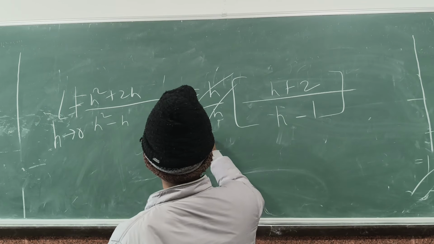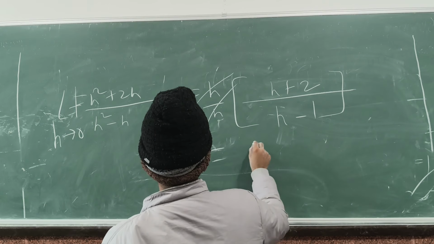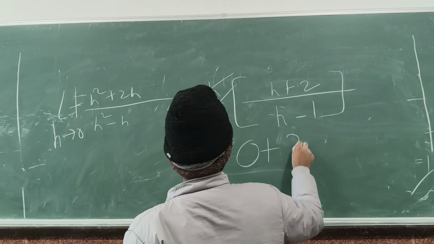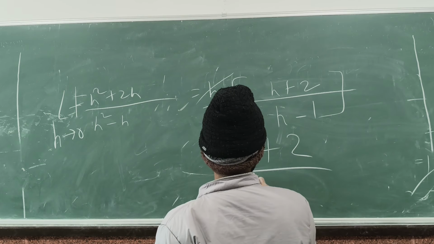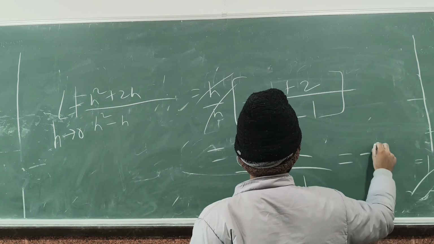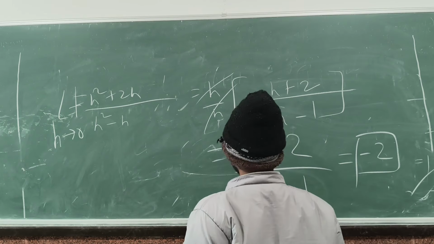So limit h tending to 0. Substitute 0 now: 0 plus 2 by 0 minus 1 equals minus 2. So we can conclude now.